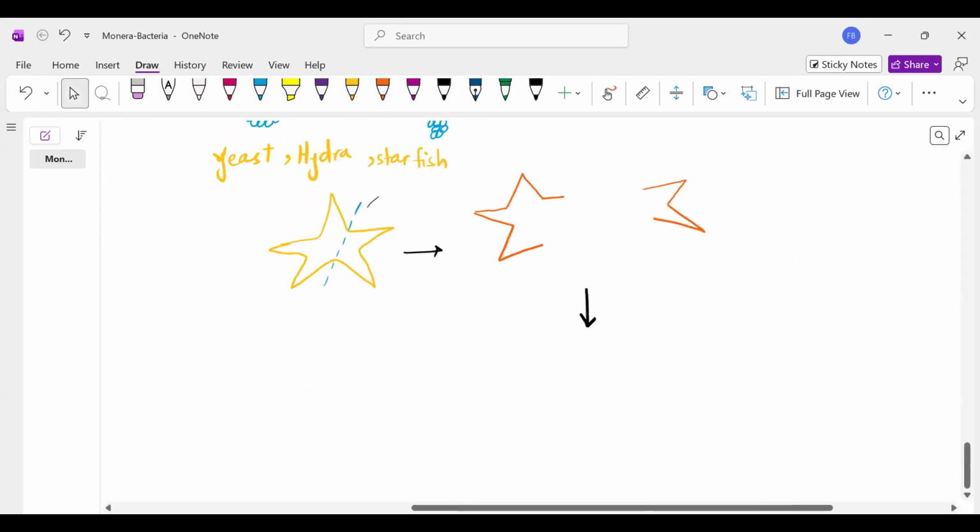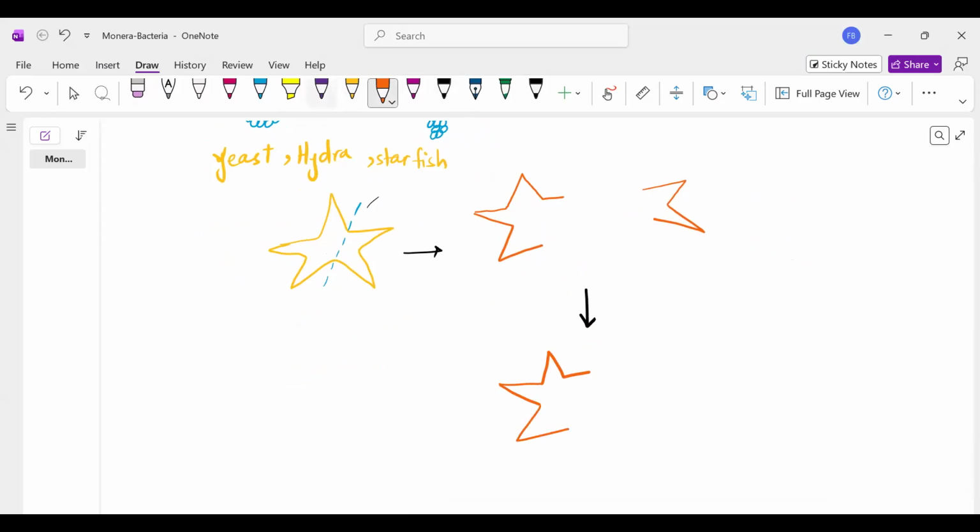Let me draw this. For example, this was like this. Now the cellular growth will happen on this side. I am drawing with a different color just to show you what is happening. Now, can you tell me what type of reproduction this is? Asexual.